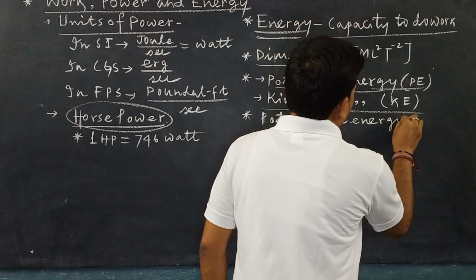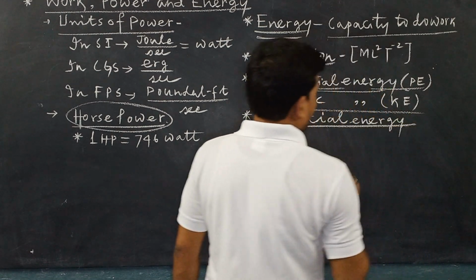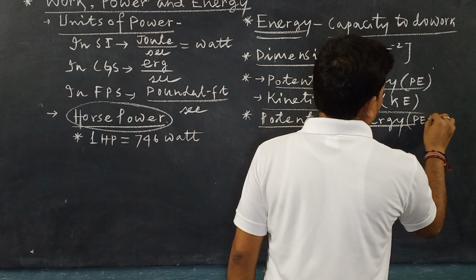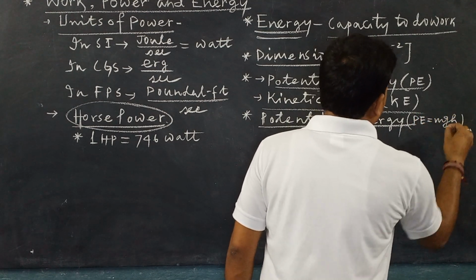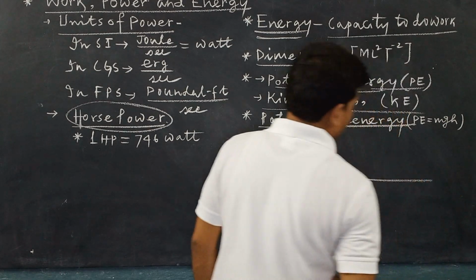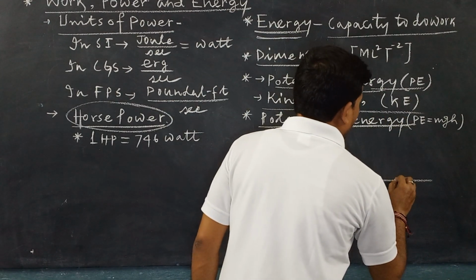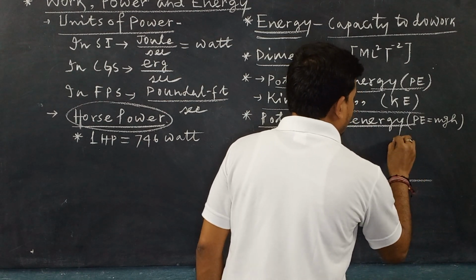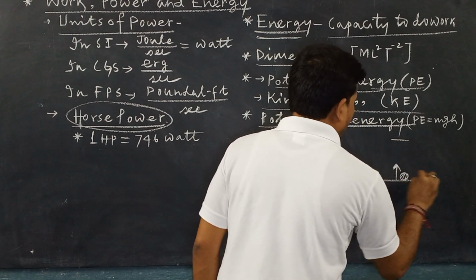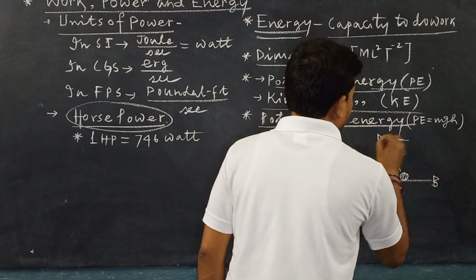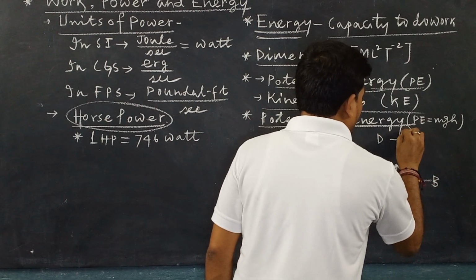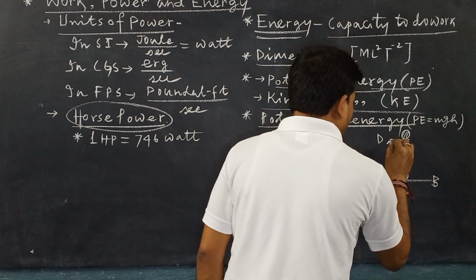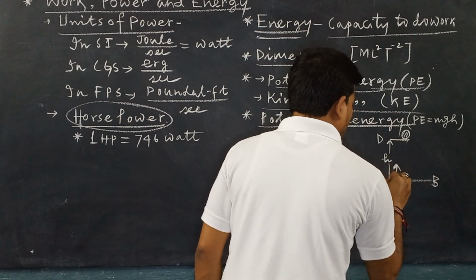The mathematical form, very well known to us, is PE equals mgh. Let this be the ground surface AB. A body is raised through a height h from the ground to the position D, the height h.